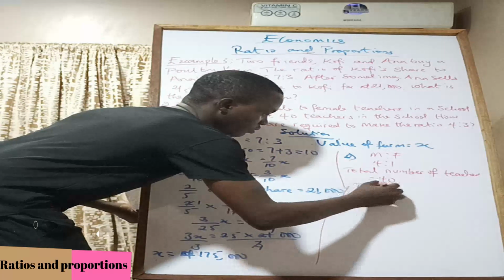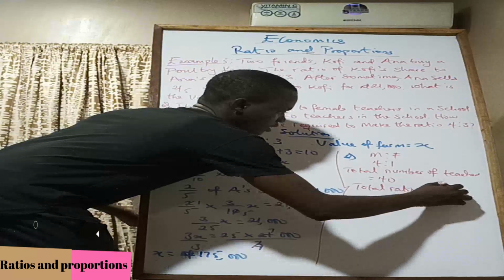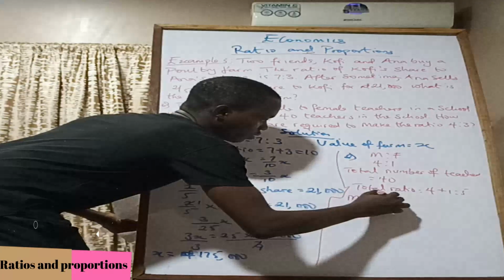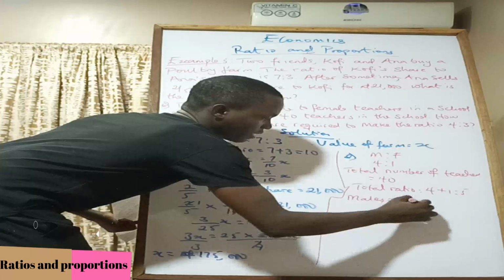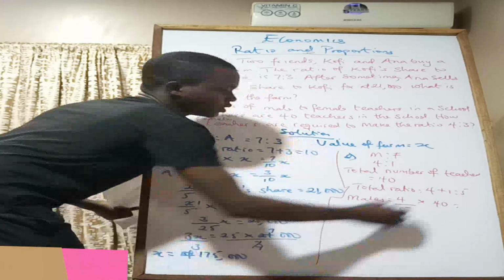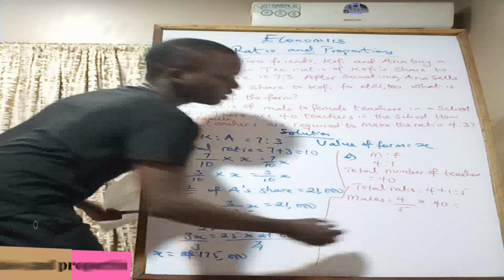So here, the total ratio is 4 plus 1 equals 5. So how many males are there? Males will be equal to 4 divided by the total ratio, which is 5, multiplied by 40 teachers. 5 in 40 is 8, so that will be 32.